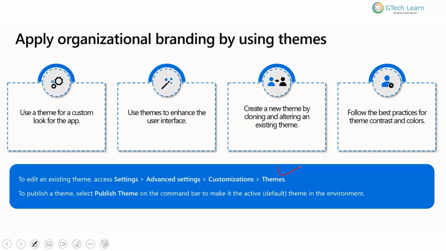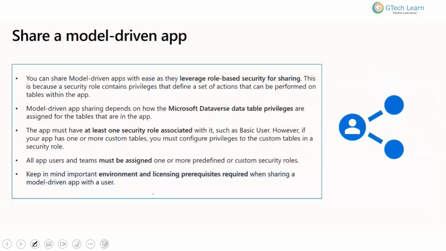So we can create those kinds of customizations using the theme section. We just need to create the theme from my environment, and then we need to publish the theme, and then we can utilize it in our app.